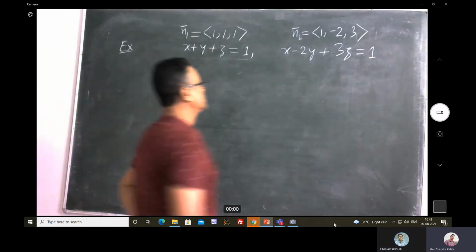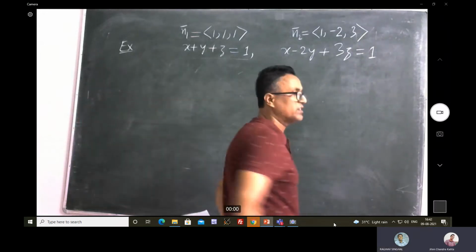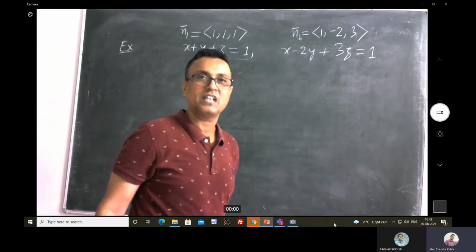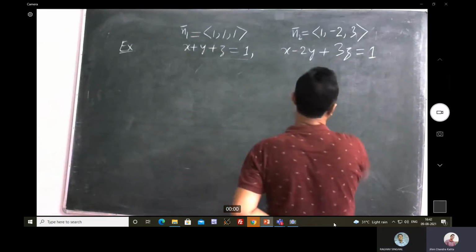So this is going to be (1, minus 2, 3), and N1 is (1, 1, 1). Fine. If we assume that the angle between these two planes is theta, then theta is the angle between those two normals.